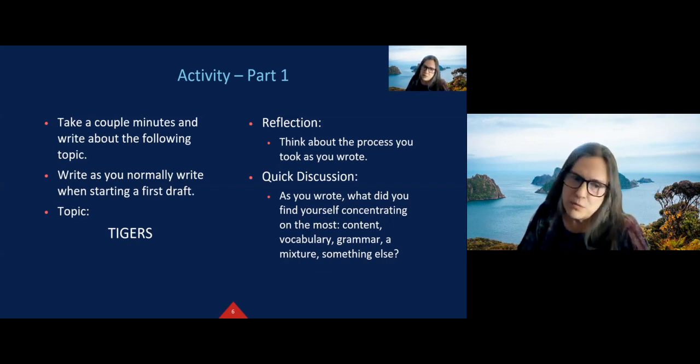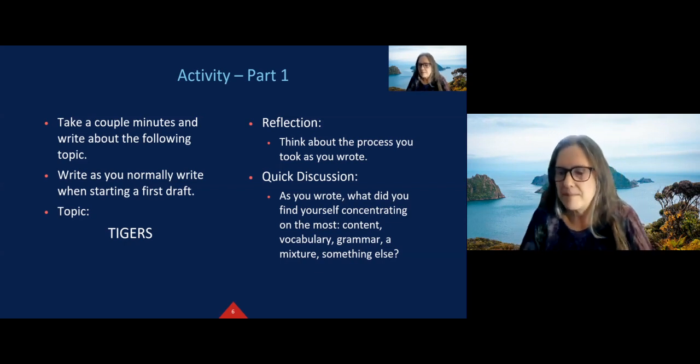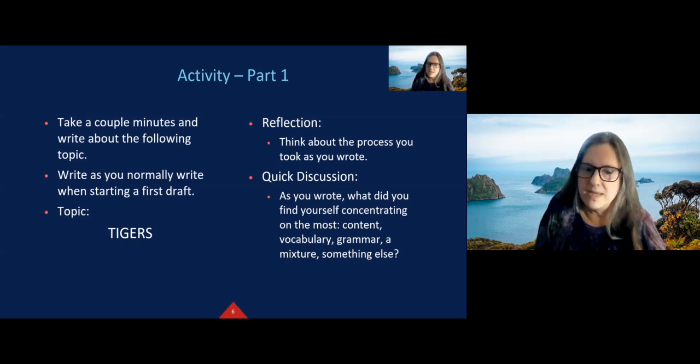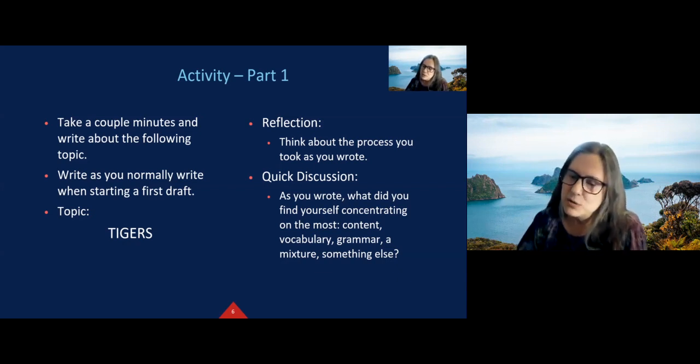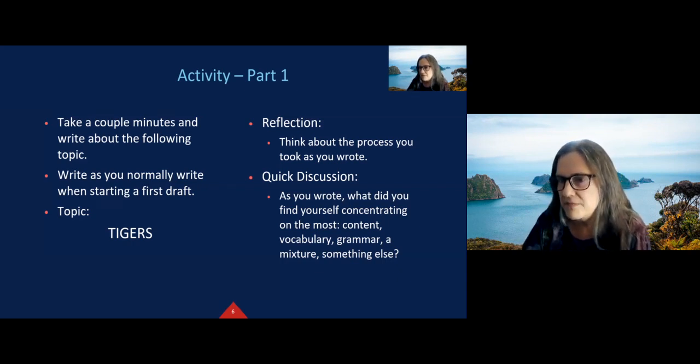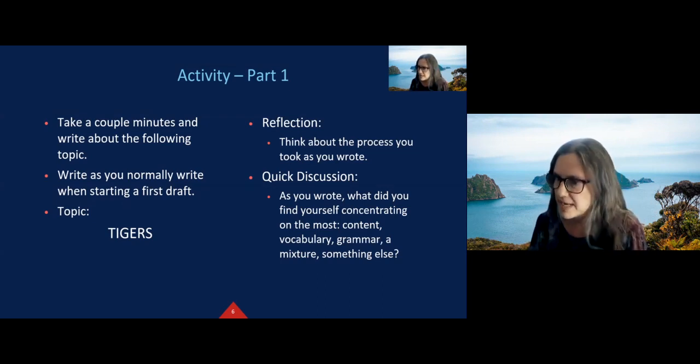Okay, so we're going to circle back to this idea of what can happen when we are starting to write and how we can get in our own way, right? And Noriko, you brought up a really important point that is something a lot of us think about when English is an alternative language for us, right?